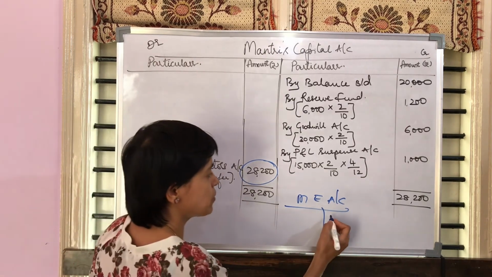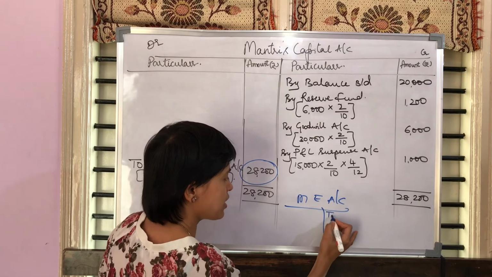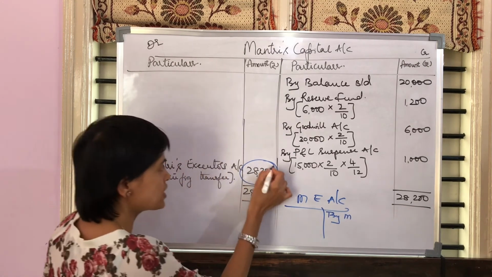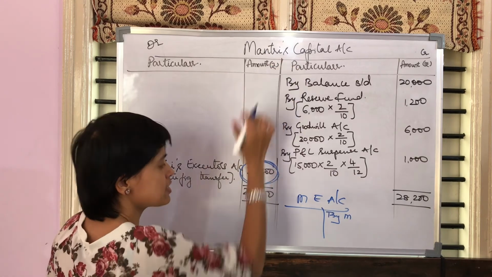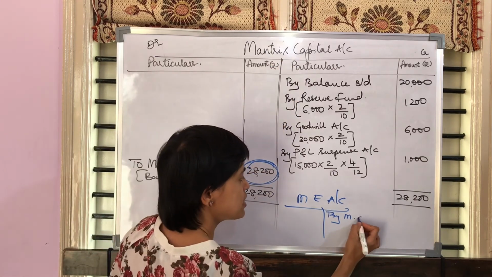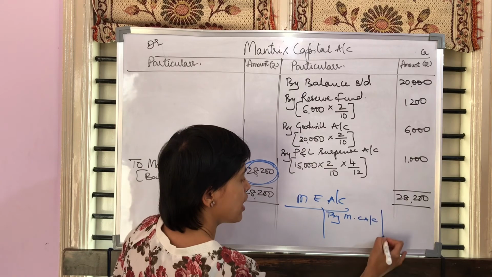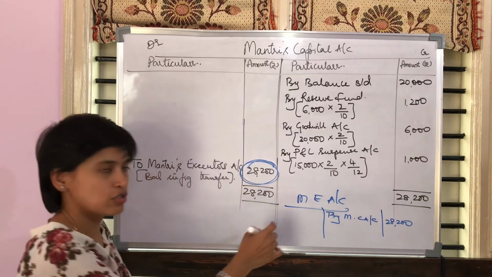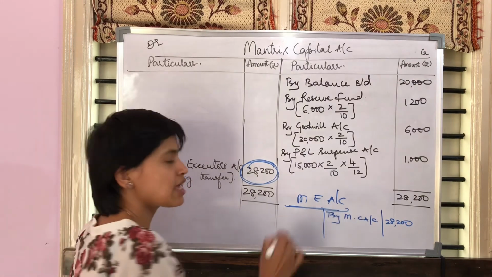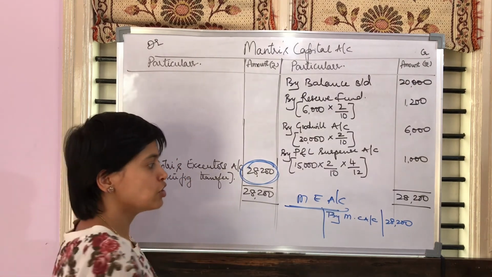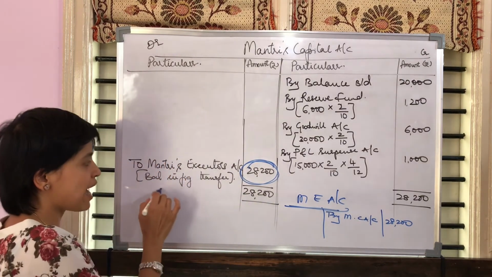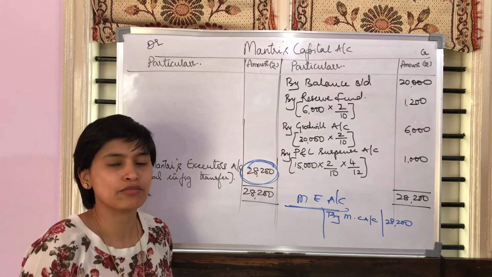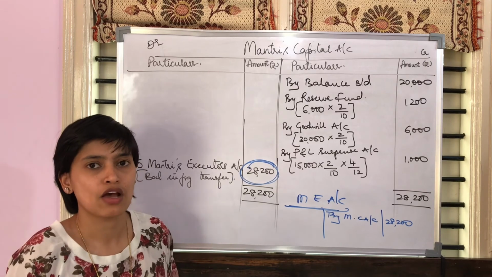So while preparing the account, we will write it as by monthly's capital account, an amount of rupees 28,200.